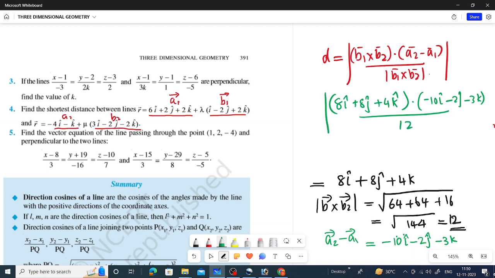All must be put in this absolute value. 8 into minus 10. How do we find the dot product of two vectors? Multiply the corresponding components. So minus 80, minus 16, minus 12. Alright. So this is divided by 12.